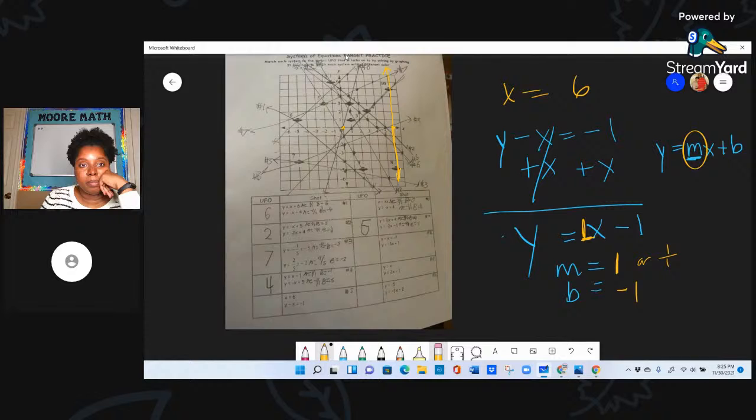So where am I going? Oh, you're muted. Sorry, down 1. Good, down 1. Okay, so we're right here. Okay, now if the slope is 1 or 1/1, show me how I'm going. Up 1 to the right 1.